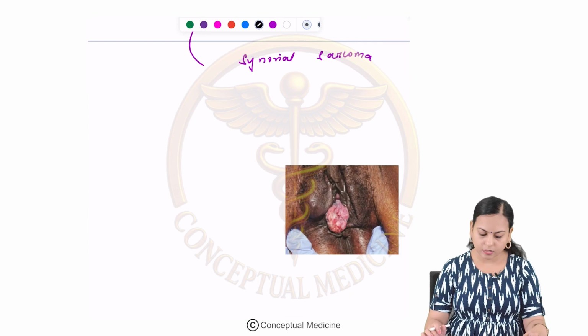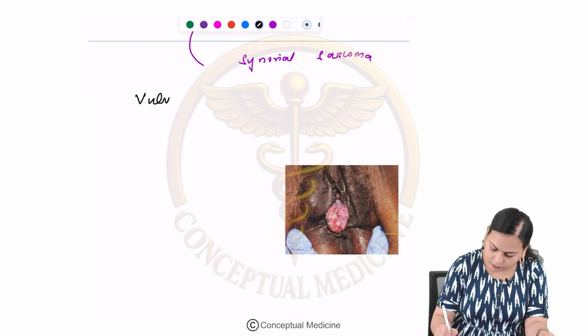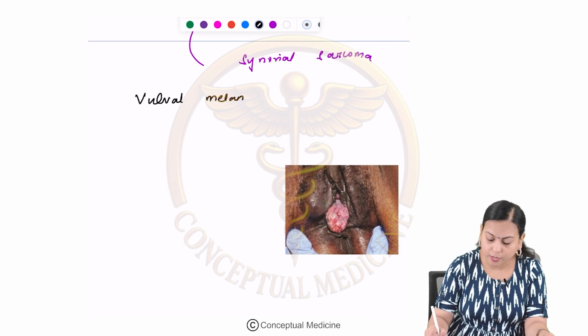Clear? Let's discuss about vulval melanoma.